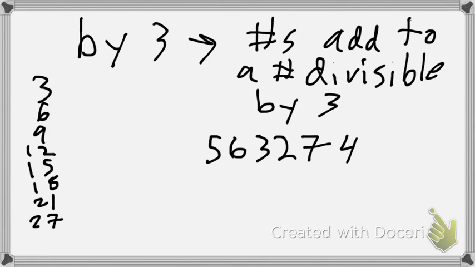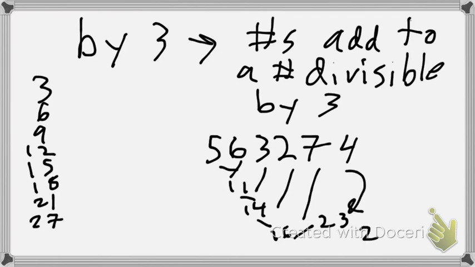So what I can do is add up the digits. 5 plus 6 is 11. 11 and 3 is 14. 14 and 2 is 16. 16 and 7 is 23. 23 and 4 is 27. So I now know that 27 is divisible by 3. 3 times 9 is 27. Then the entire number is divisible by 3. Okay?